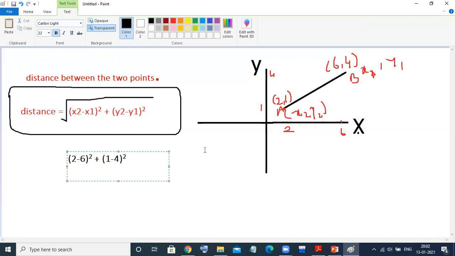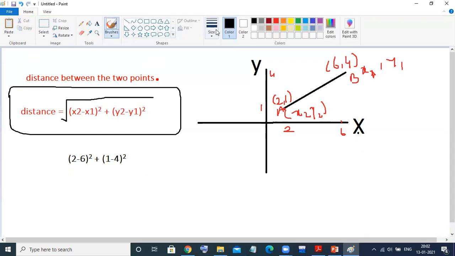After calculating this, we need to calculate the square root of these numbers. Whatever value we get will be the distance between the 2 points. As simple as that.